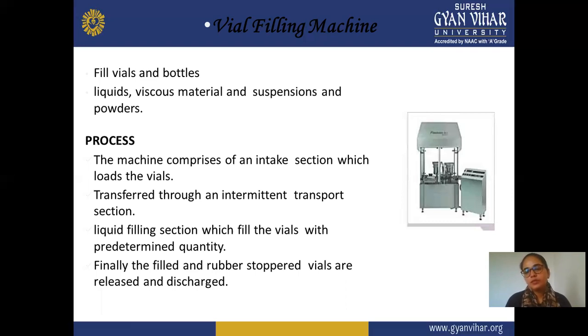The first step is intake of the formulation in your container. After this, the bottles go to the intermediate transport section, and after this filling section, a predetermined quantity is checked, and then one cap made of rubber is applied to the container. This cap has the property of easy release and discharge of the formulation.